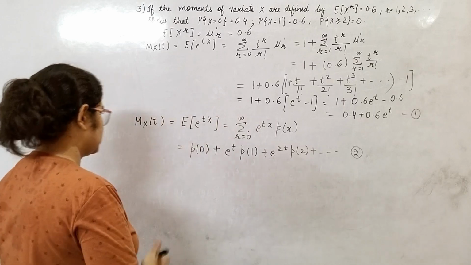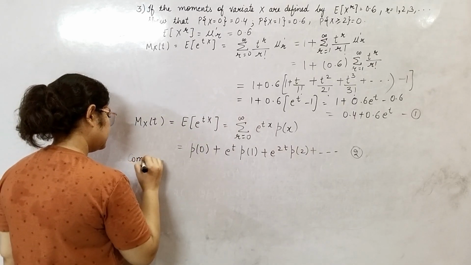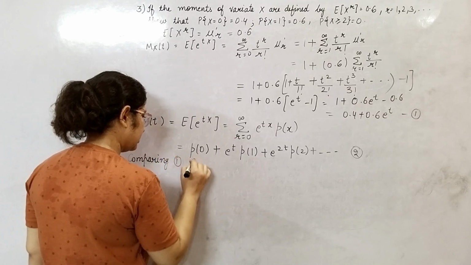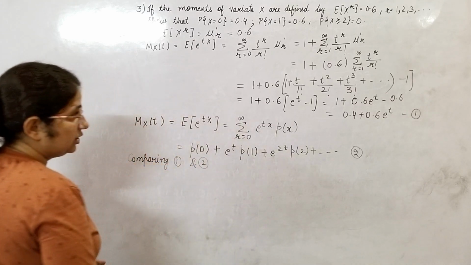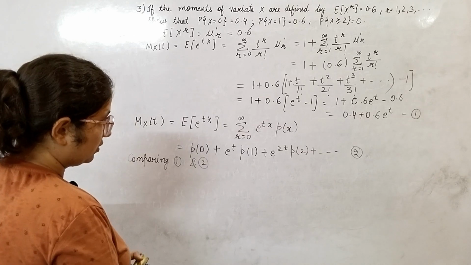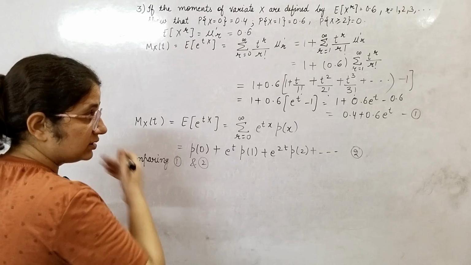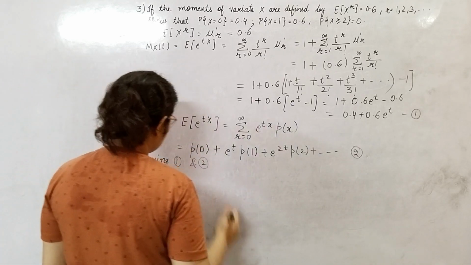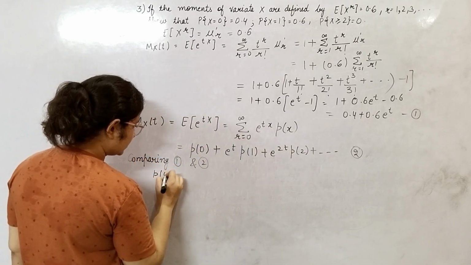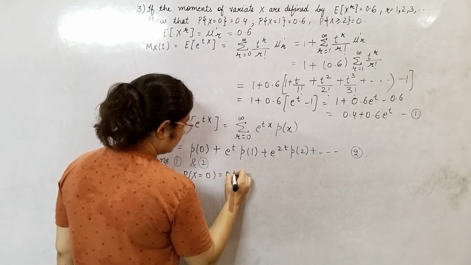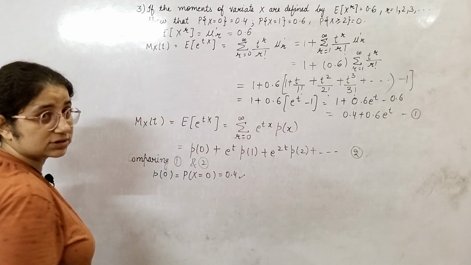Now comparing these two, 1 and 2. When you compare 1 and 2, the constant coefficient is 0.4. Which is the coefficient of the constant term? 0.4. So p of 0, that means p of x at 0, is 0.4. Done, first thing.